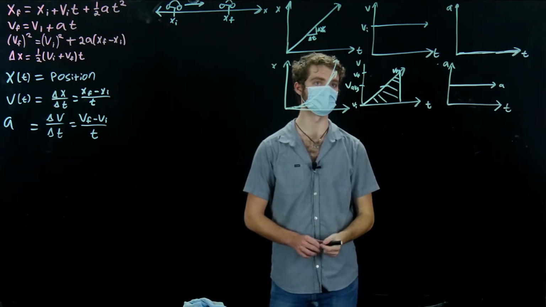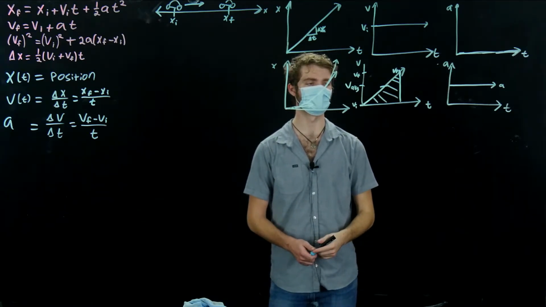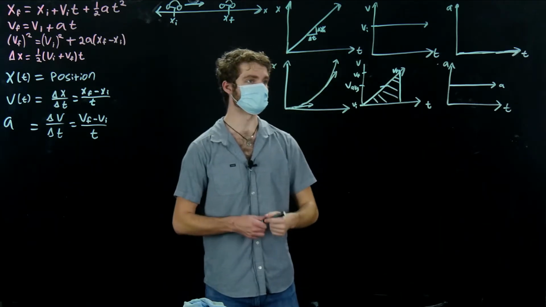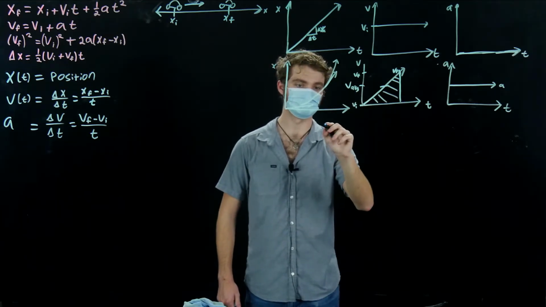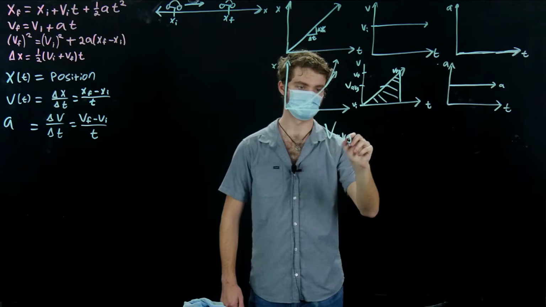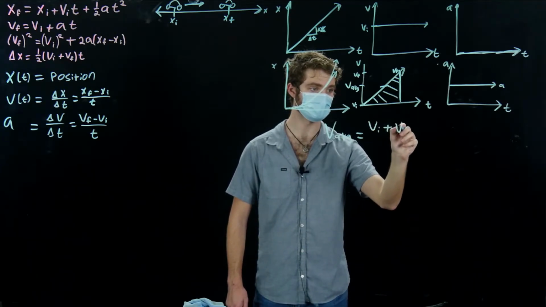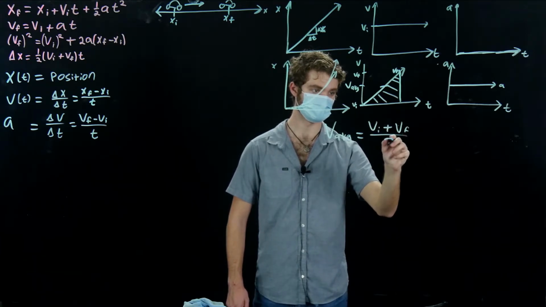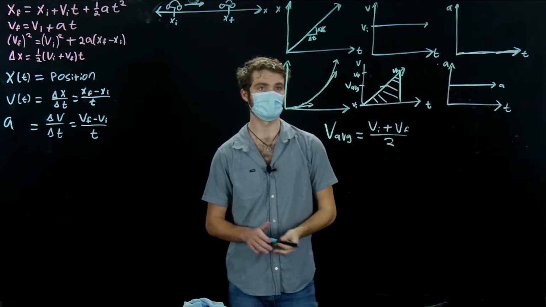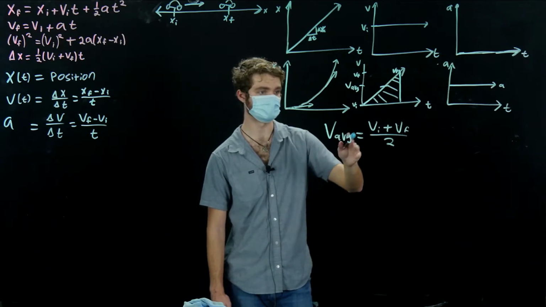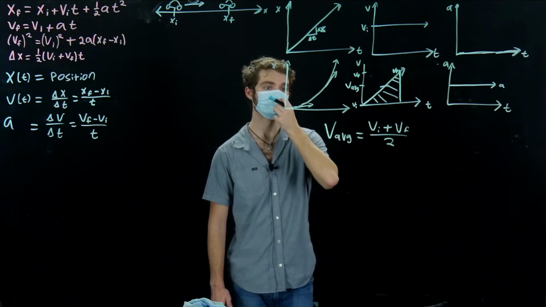But for the average velocity case, which I feel is a little easier to picture, we just say average velocity is equal to our initial velocity plus our final velocity over 2. And for any linear thing, that's our average value.